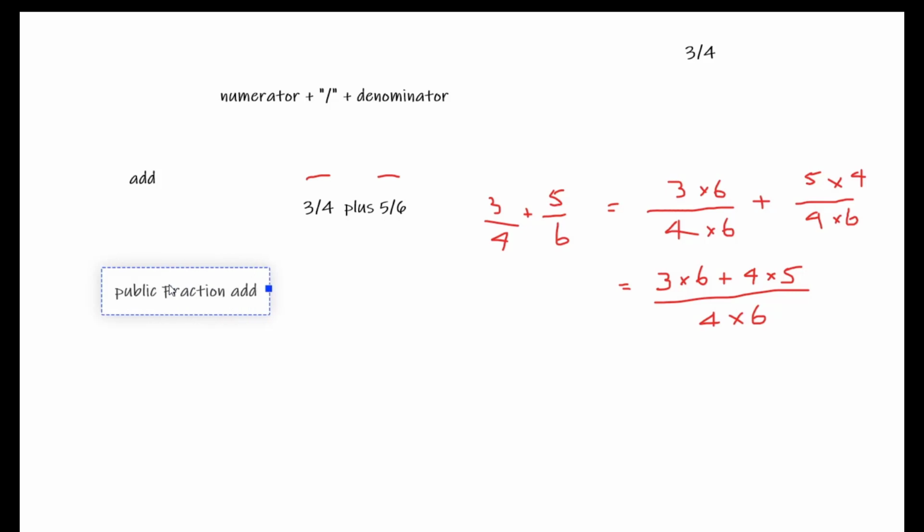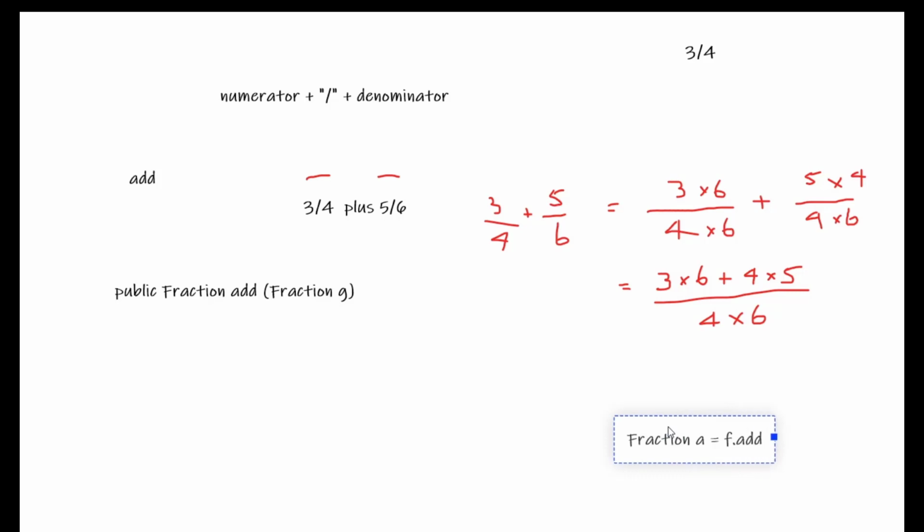Its name is add, and it's going to take another fraction as a parameter, because your syntax is going to be something like fraction A equals f dot add g.